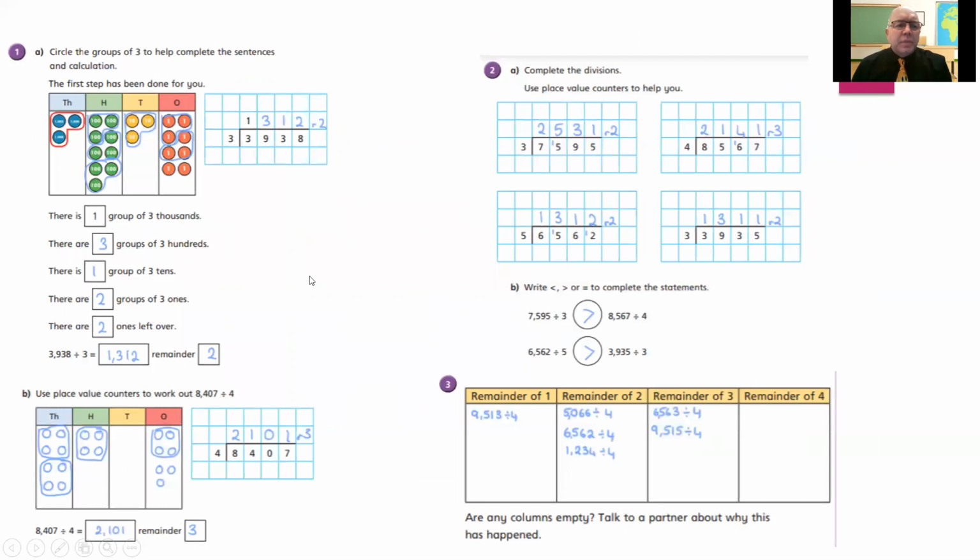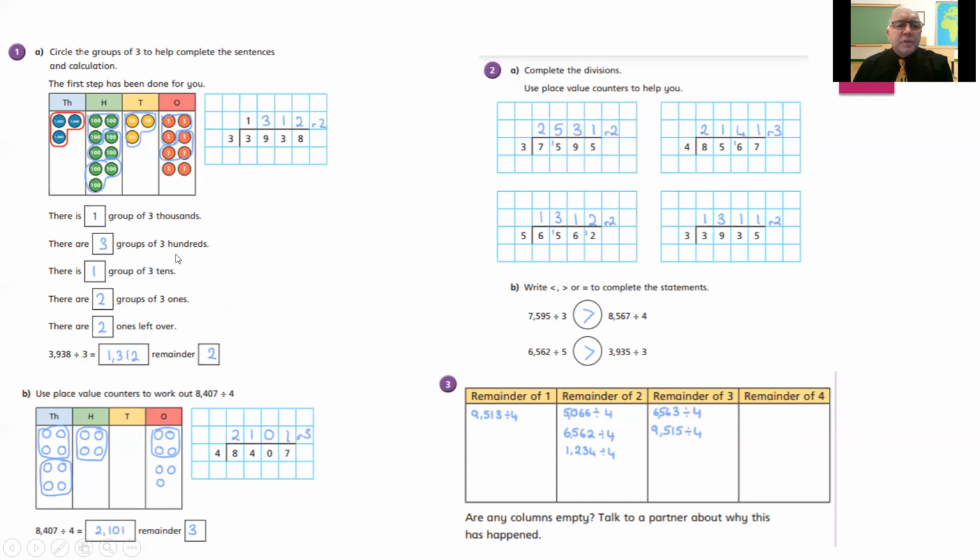Right, let's see. Please, again, make sure you are marking your answers and going back and making corrections if you have made an error. Right, we've got the counters here to help us work it through. So number 1, 3,938 divided by 3.